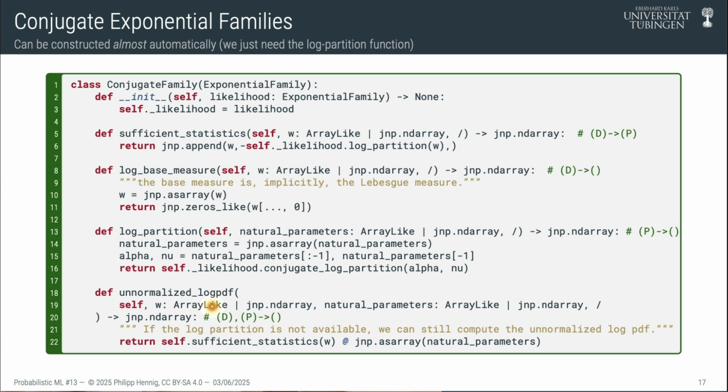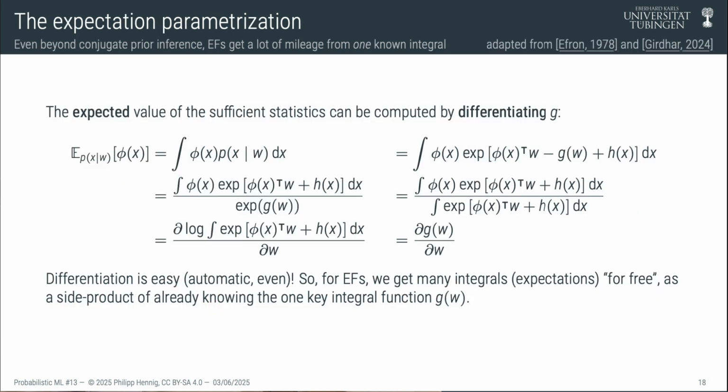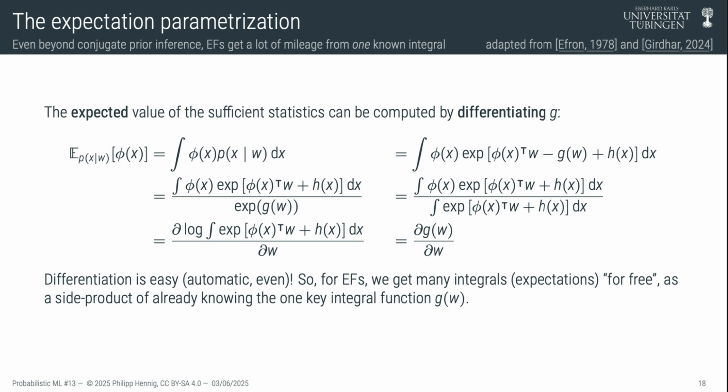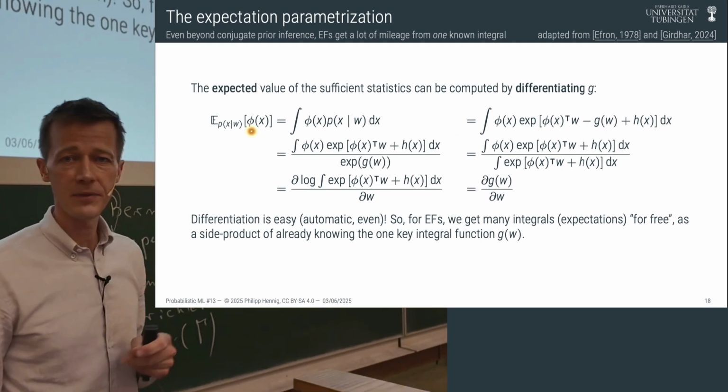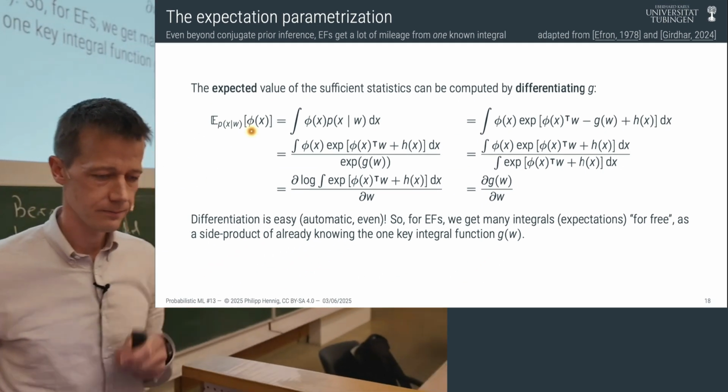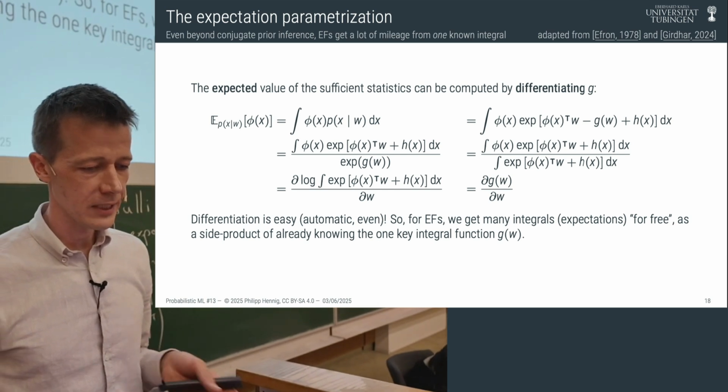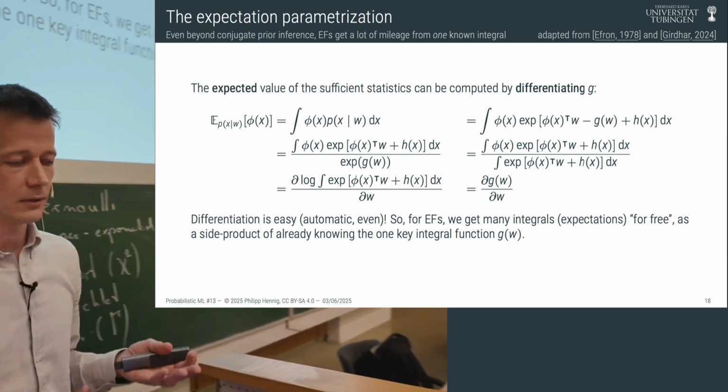The first really cool and maybe most functional insight is that for exponential families, if you just have one exponential family distribution, computing expected values of the sufficient statistics amounts to differentiation. So if you want to know an expected value of the sufficient statistics, which you might want for various reasons, then in principle, that's an integral, right?